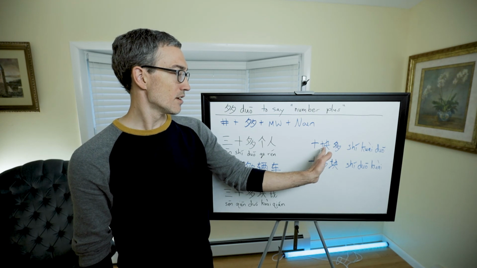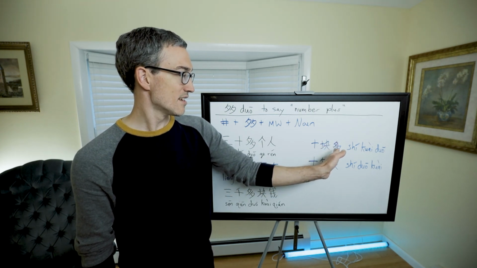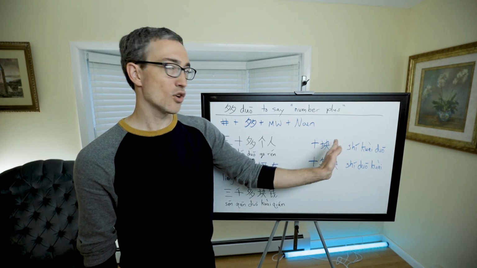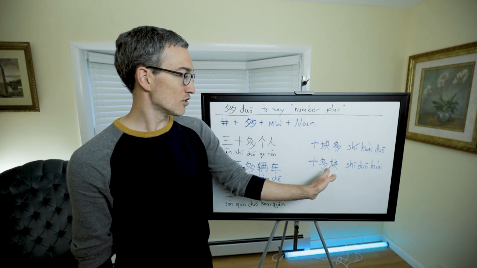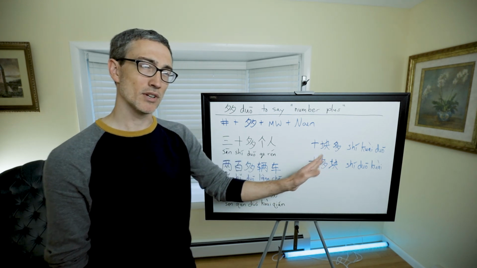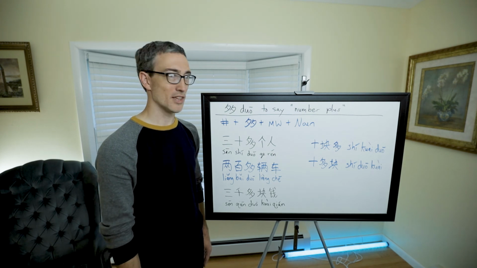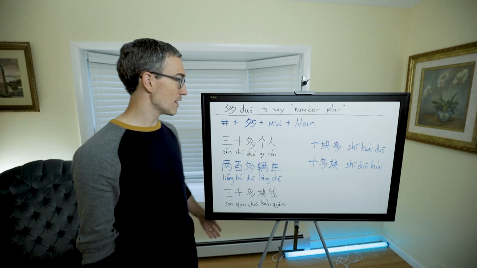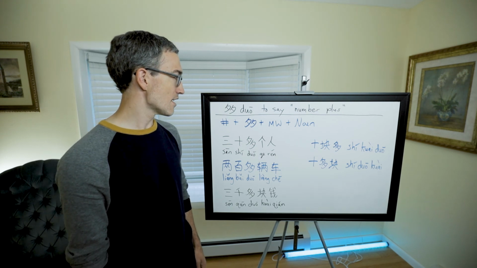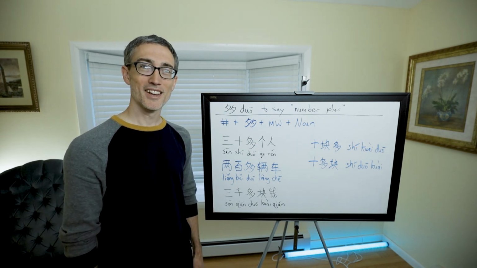It's 10 exact units of money, and then to go down from there is dimes. But if the 多 comes between the 十 and the 块, then it's between 11 and 19. I hope that makes sense. I don't know if I'm doing that very well. But there you have it. We have 多 to say more, as in a number, more than that number. Keep up the good work.